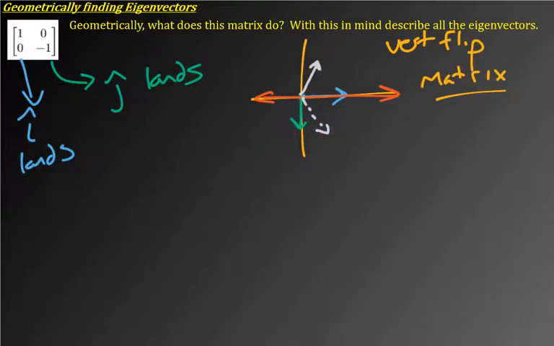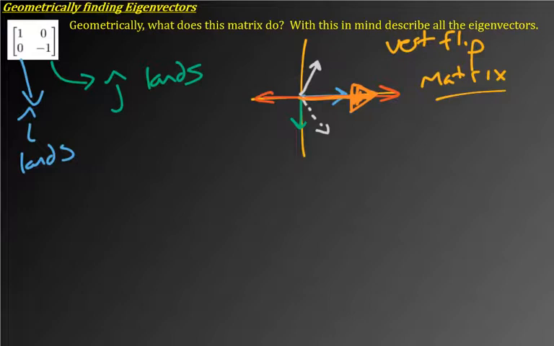It's going to move outside the span of that vector, so the white one is not an eigenvector. But if I take something like this, that vector is just going to stay put. It's not going to flip over anything because it's on the line of symmetry. So that orange one would be an eigenvector. It has an eigenvalue of 1 because it doesn't scale or flip.